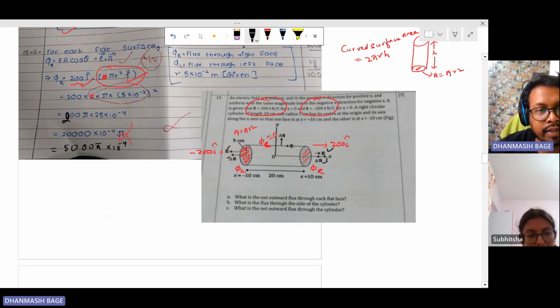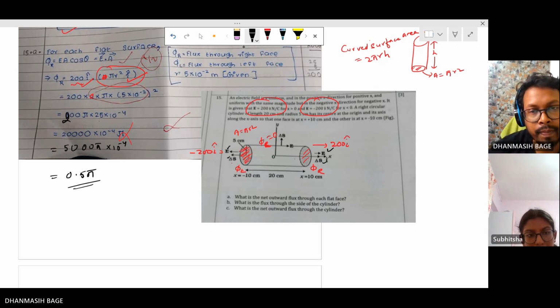And that will be the case. That is equal to 0.5 pi. 0.5 pi, that will be your answer. Okay, this is Newton per coulomb meter square.